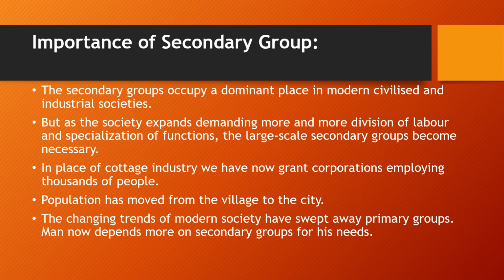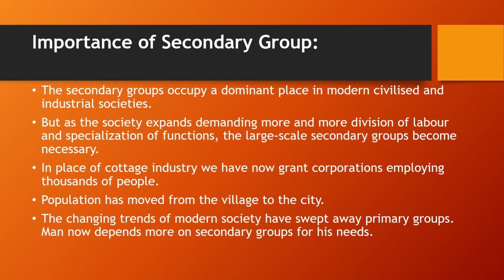Because a number of specializations are coming up in the job market, in industry, and more division of labor is possible around us. Large-scale secondary groups exist, and cottage industry, the small-level industry, is being replaced by grand corporations. Thousands of people work for the industries, and the population is moving from rural to urban areas. That means individuals are leaving their family behind and working.